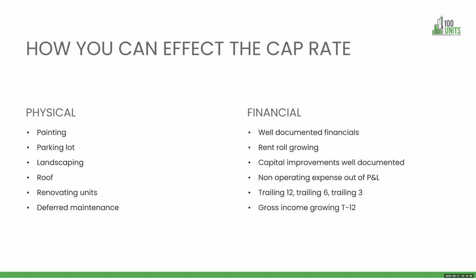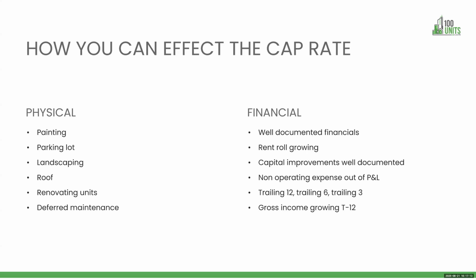Having well-documented financials has the same kind of influence, not only on a buyer, but on the lender, because there's a lot less guesswork, a lot less fear that they're missing something when things are well documented and easy to follow for not just the buyer, but also for the lender and for the appraiser. Rent rolls that are growing over time.